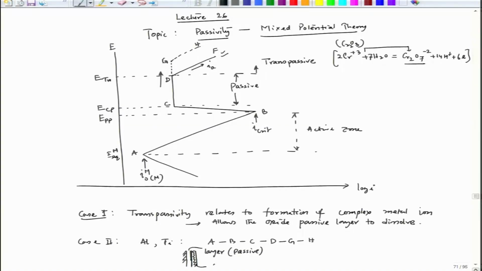This is a porous layer that can form. When it forms, we call it anodization.